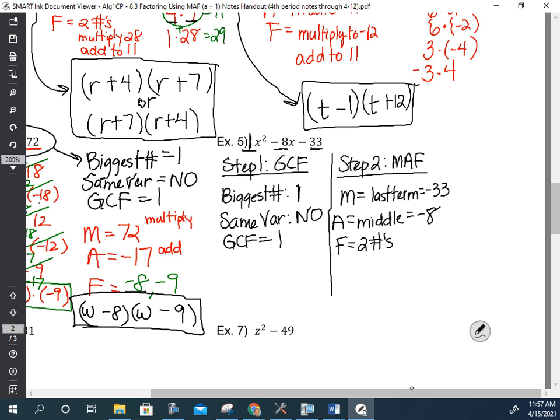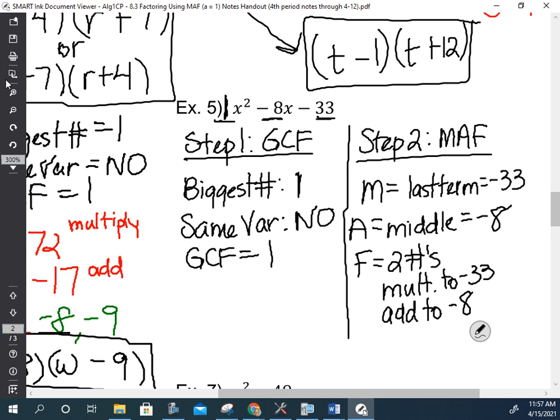This is when knowing your multiplication comes into play.